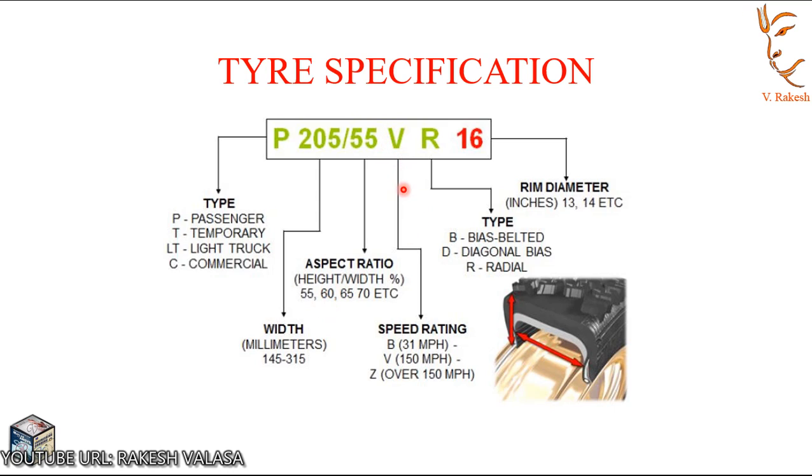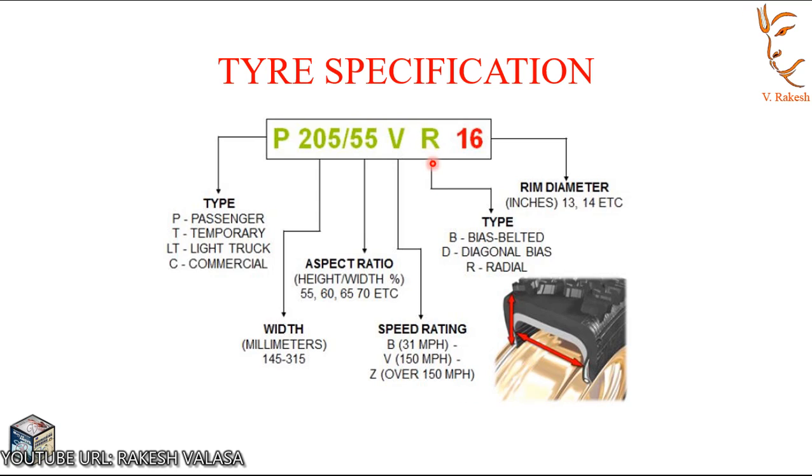Next letter is V. V is the speed rating. If the letter is B, it shows 31 miles per hour. V indicates 150 miles per hour. Z indicates over 150 miles per hour.